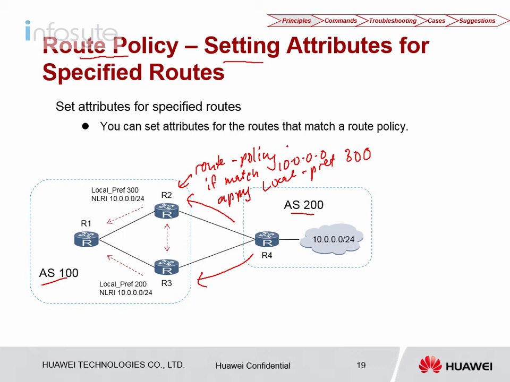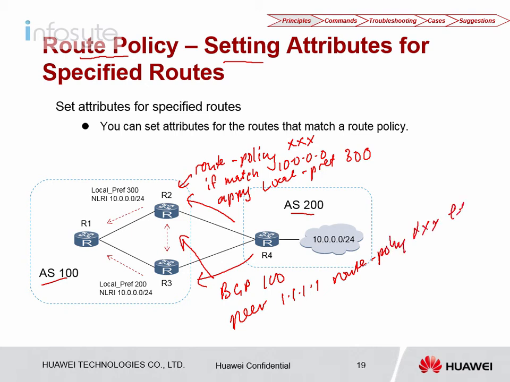Once you have a route policy, let's say I call it XXX, I'm going to apply it under BGP 100 on router 2: peer 1.1.1.1 route-policy XXX export. So this route policy that matches the 10 network, we're going to send to R1.